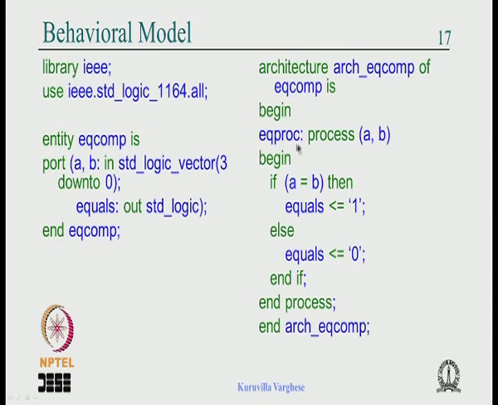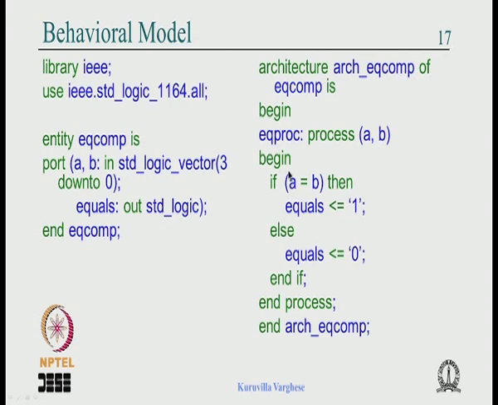You can give a label for the process, because there could be multiple processes in a particular architecture. The keyword is process, and you open a bracket and write some signals in the bracket, and this is called the sensitivity list.